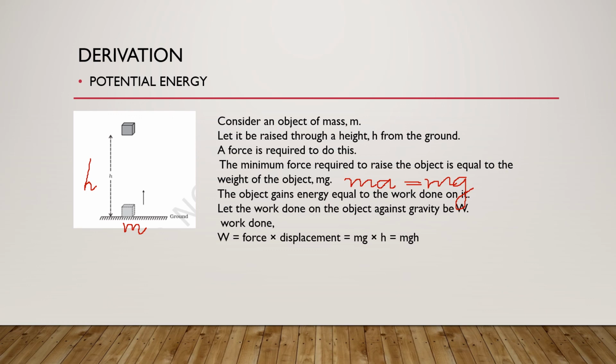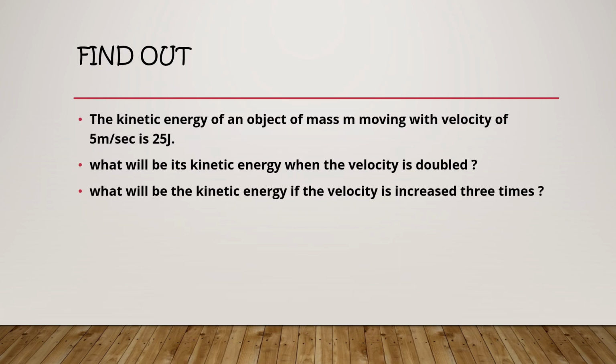So the work done on the object against gravity is equal to force into displacement. Force is equal to mg, displacement is equal to h, so it is equal to mgh. It's very simple, but yet you will have to do it. Just practice it.